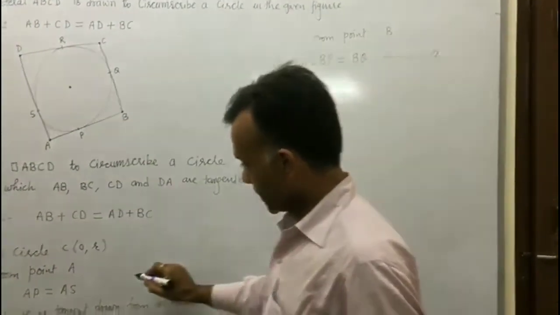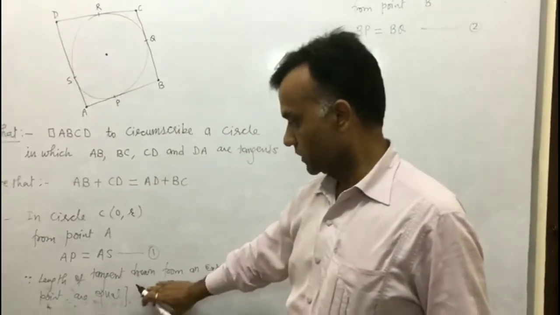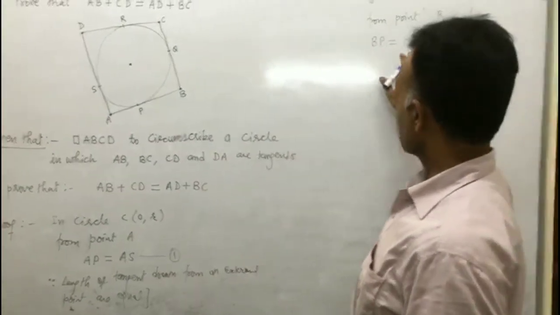Similarly, we call the first concept here the common theme: the lengths of tangents drawn from external points are equal.